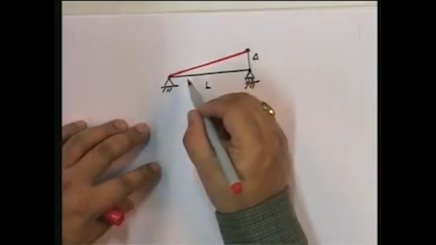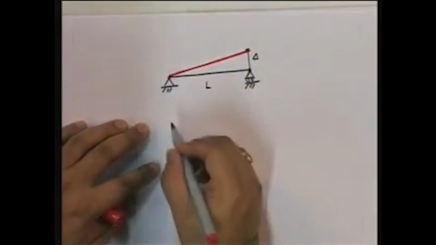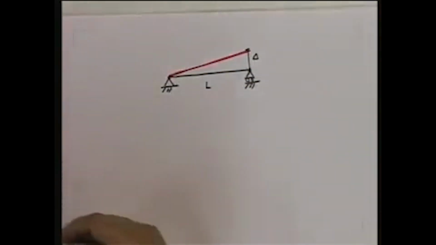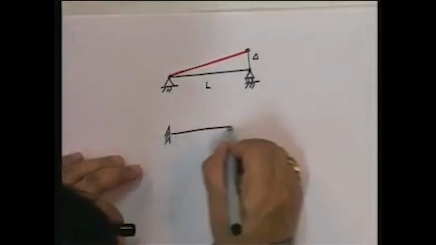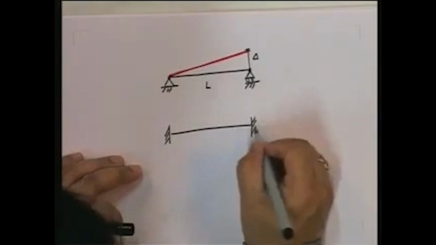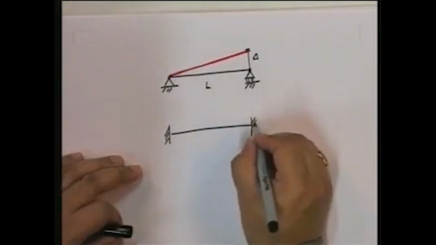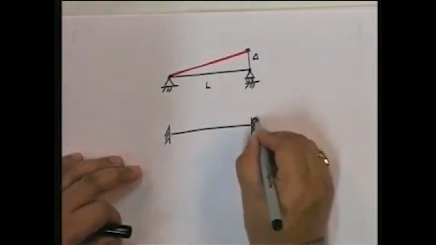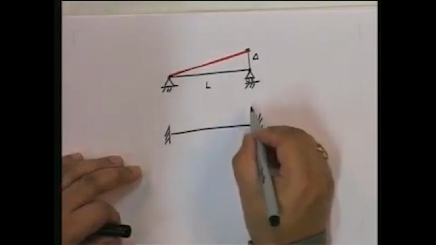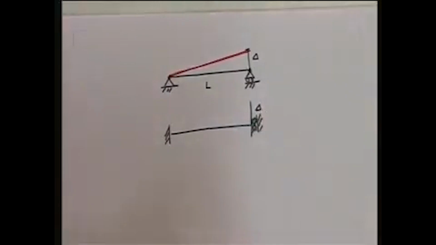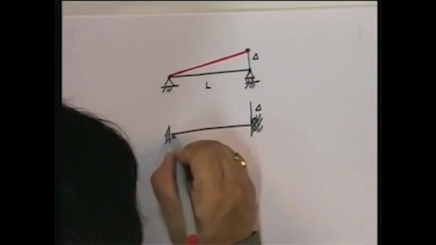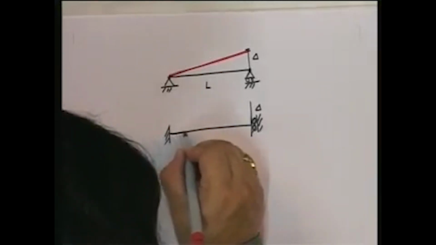Now let us look at the system that we were looking at, the original equation. How will I get a displacement here? I will just have to release this just like I released that and displace this by delta. But note that the fixed end remains. So how will this displacement look?